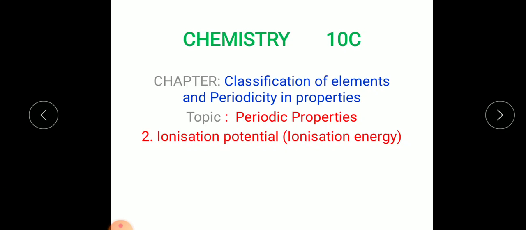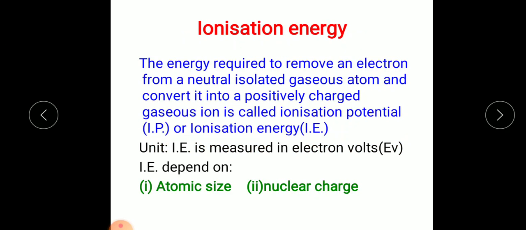Okay, now today we are going to discuss the second periodic property, that is ionization potential, or we call it ionization energy. The definition tells us the energy required to remove an electron from a neutral gaseous atom and convert it into a positively charged gaseous ion is called ionization potential or ionization energy.